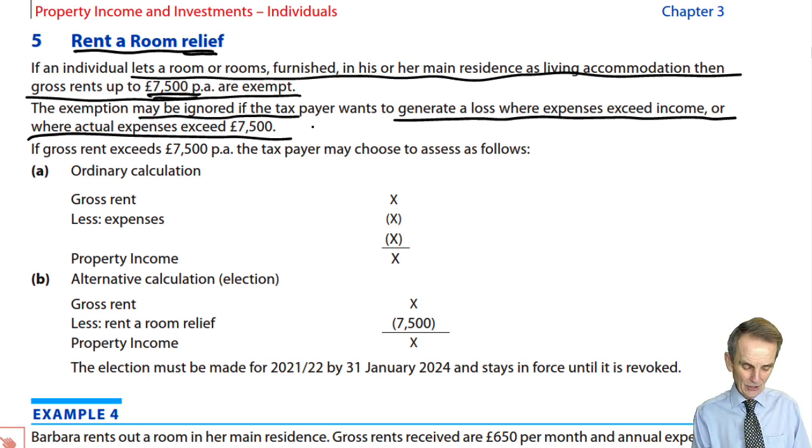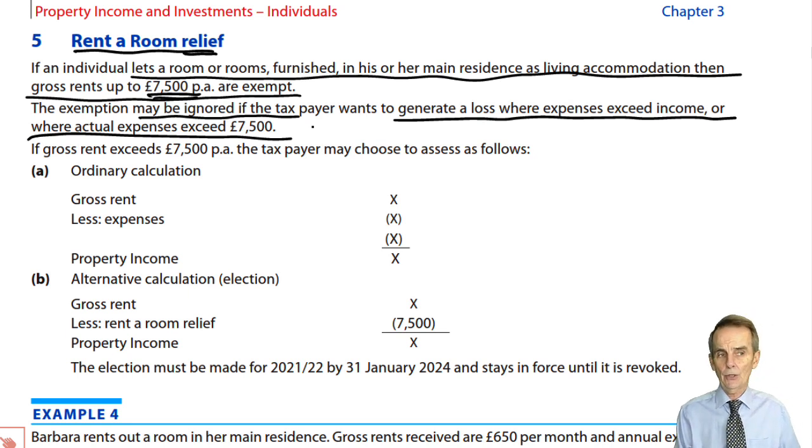If I've got expenses of £7,000, then income 6, expenses 7. That therefore, if left on its own, without the rent a room relief, would create a loss. A loss, therefore, that could be carried forward and offset in the future against future property income. So you could generate a loss where one would not otherwise be available.